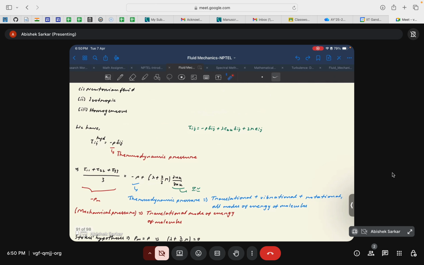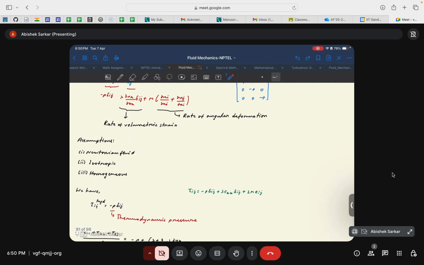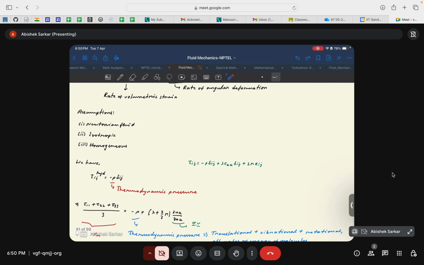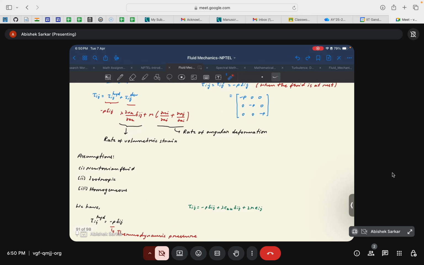See, this lambda term, basically lambda times del uk by del xk, comes from this term. All other terms are 0 and we are not even considering them, as we are only considering the normal stress components. And this term now becomes dou ui by dou xi plus dou ui by dou xi, so it becomes 2 mu dou ui by dou xi.